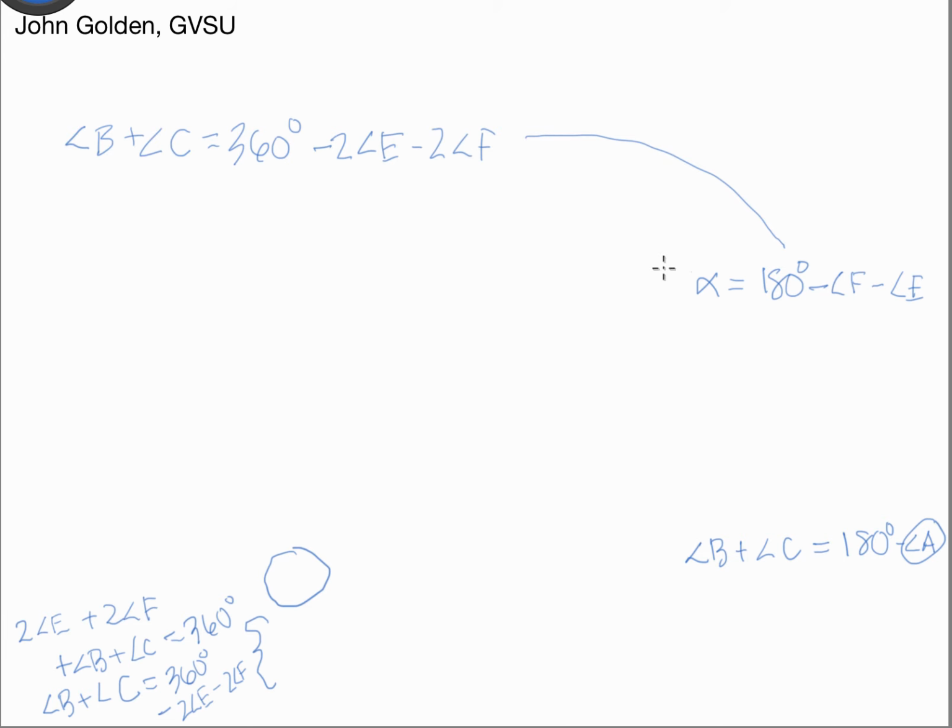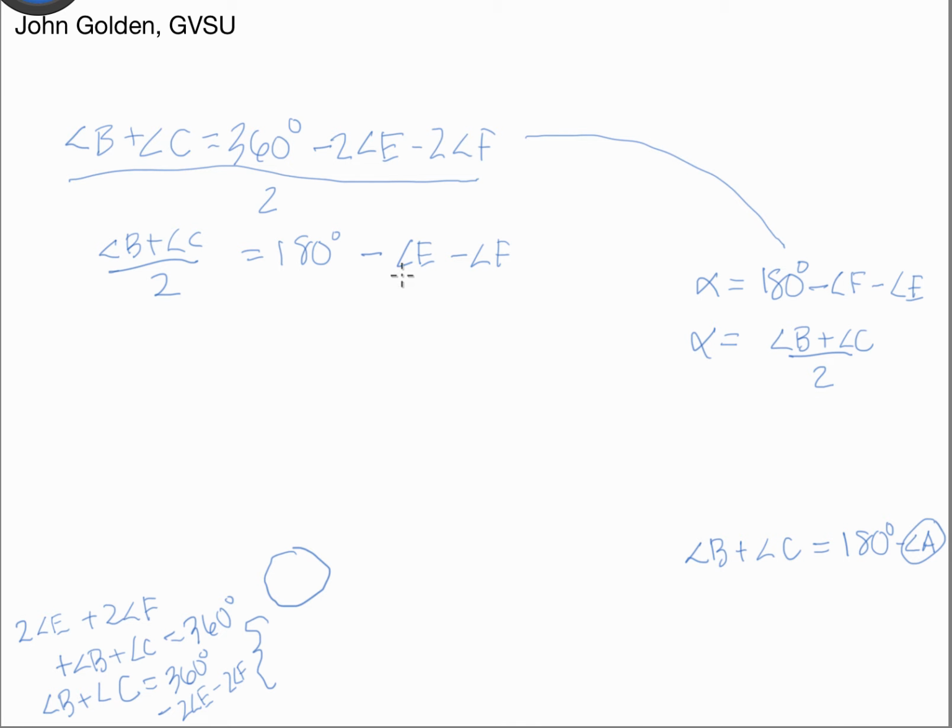Okay, so if I divide through this whole thing by 2, which is really dividing both sides of the equation by 2, I get angle B plus angle C, half of that, is equal to 180 degrees minus half of this, which is angle E, minus half of this, which is angle F. So that means alpha is equal to half of this angle B plus angle C. I'm going to substitute in this over side here.